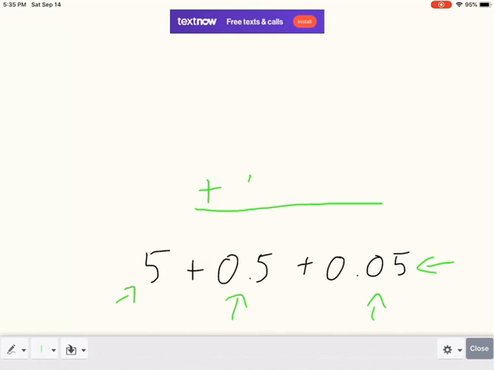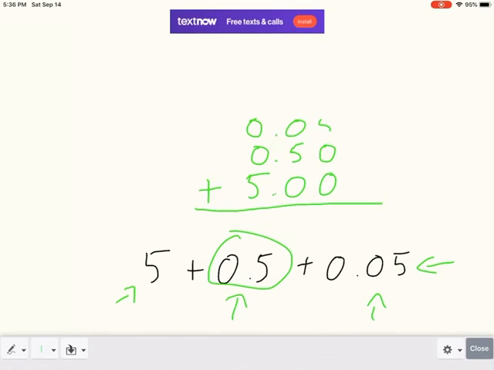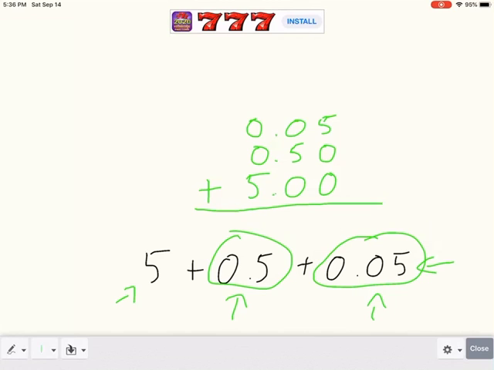So if we put 5.00, and up here we write the next number, which is going to be 0.5, and we'll add a 0 so it'll make sense. And then up here we write 0.05, which is our last number here. That's how we build this problem.